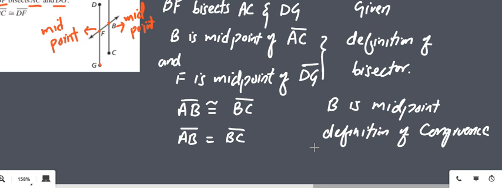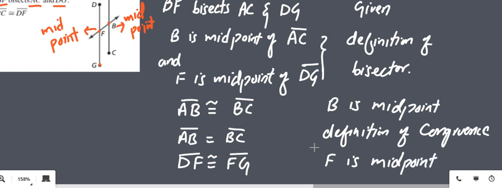Similarly, F is the midpoint of DG. That means BF is congruent to FG because F is the midpoint of DG.